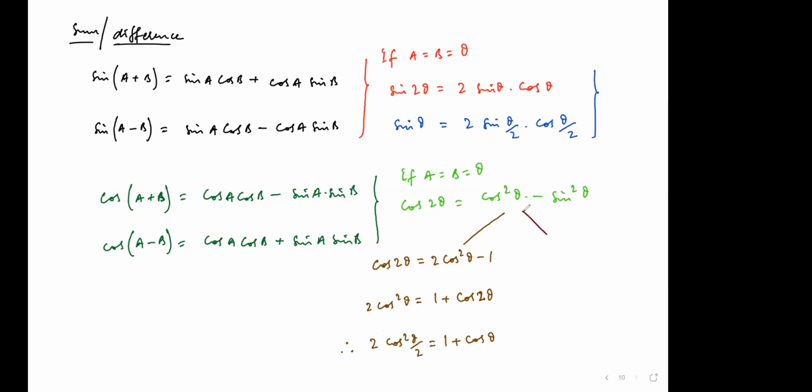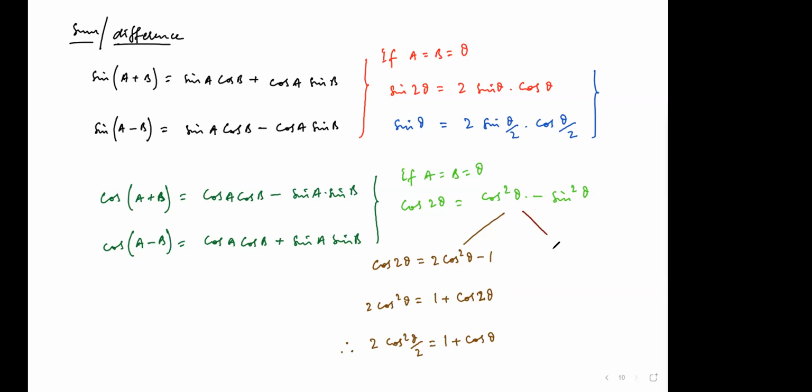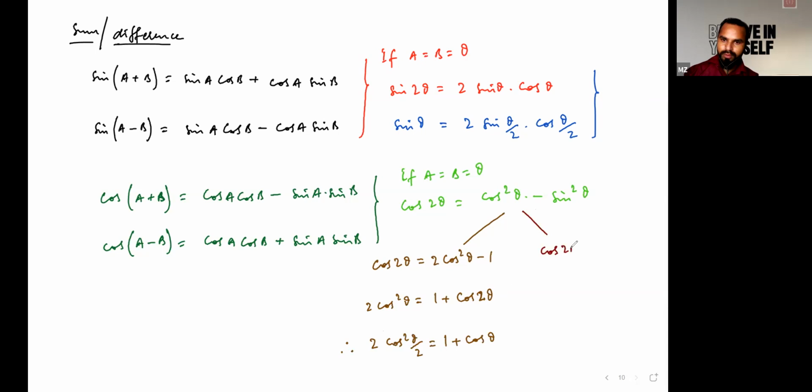Similarly, if you break this particular term in terms of sine only, it will give you cos 2 theta is equal to 1 minus 2 times sine square theta, or you may write it as 2 sine square theta is equal to 1 minus cos 2 theta, or if you are taking for half angle, it will be 1 minus cos theta.